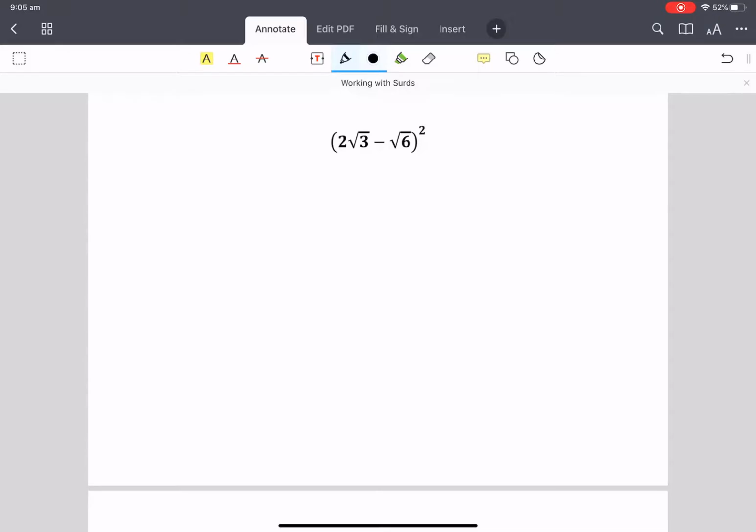A minus b all squared. So here we go. A squared. When we're squaring 2 root 3, we're squaring the 2 and we're squaring the root 3. The 2 squared is 4 and the root 3 squared is 3. 4 3s are 12.